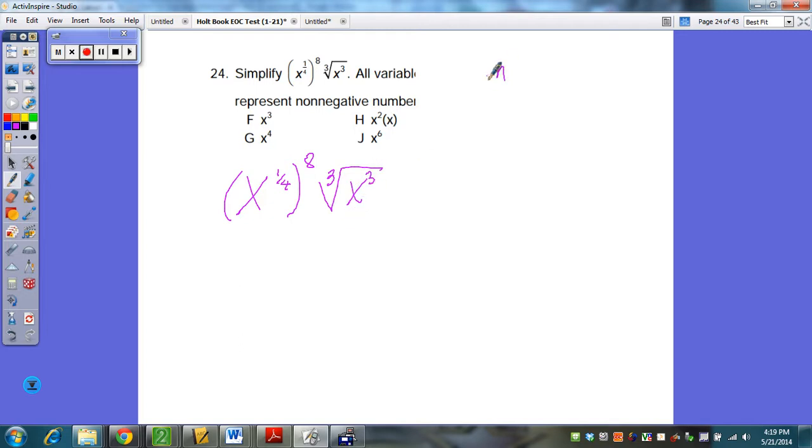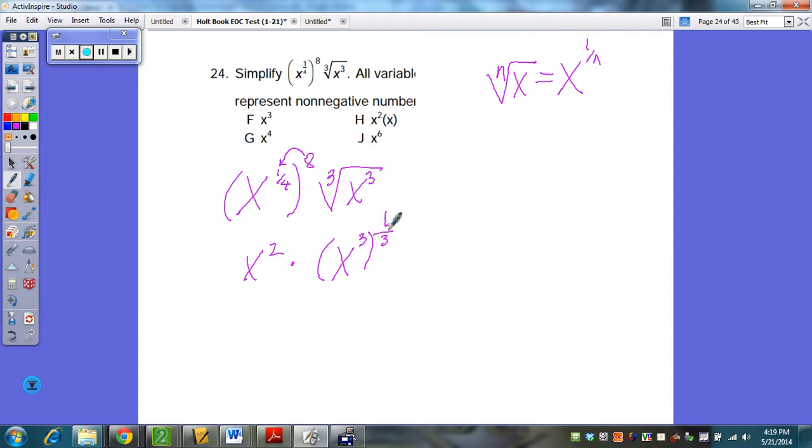Well again, remember the nth root of x is the same thing as x to the 1 over n. So we have the third root of x cubed, which is the same thing as x cubed raised to the 1/3. Now this power, we multiply, so we get x to the 8 over 4, which is x squared.